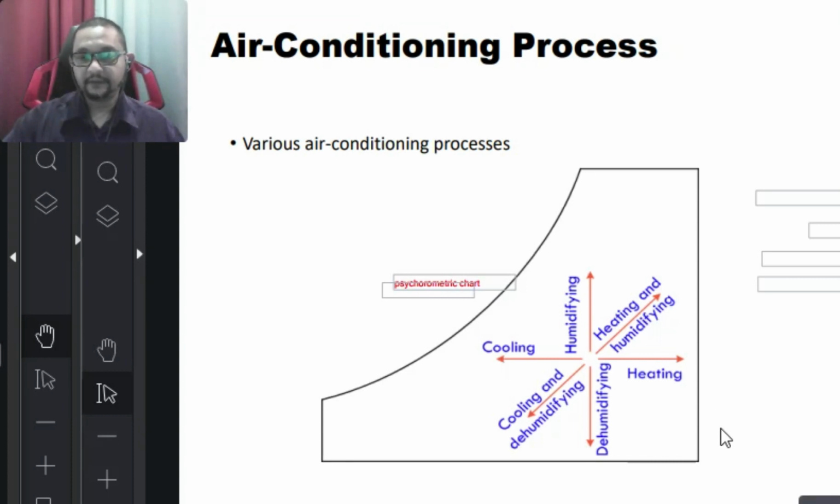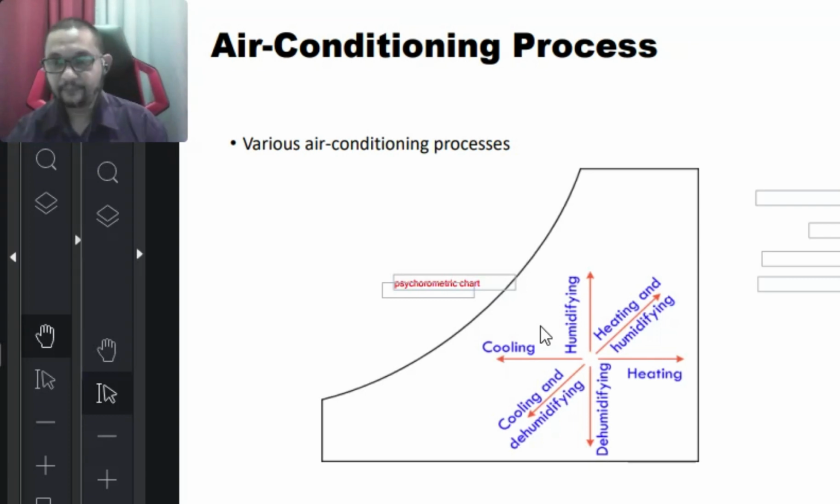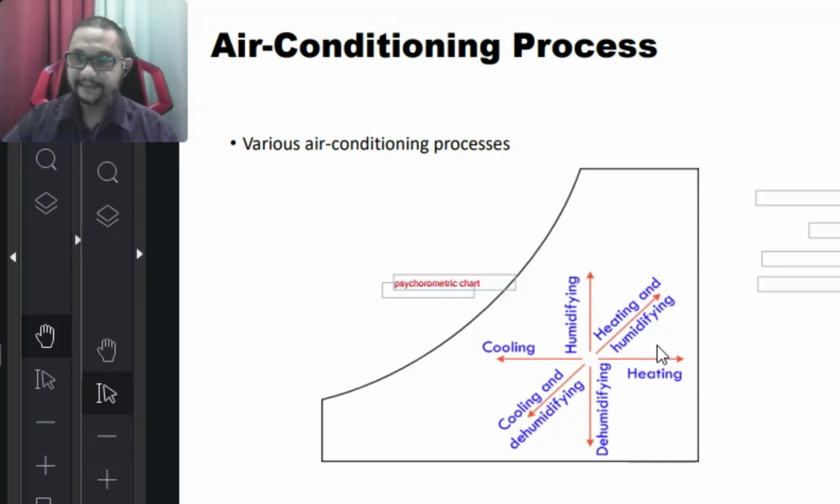Or in this chart, we can also show two processes that can happen in air conditioning. When we say heating and humidifying, the process is at the right side, and the arrow goes in this section.